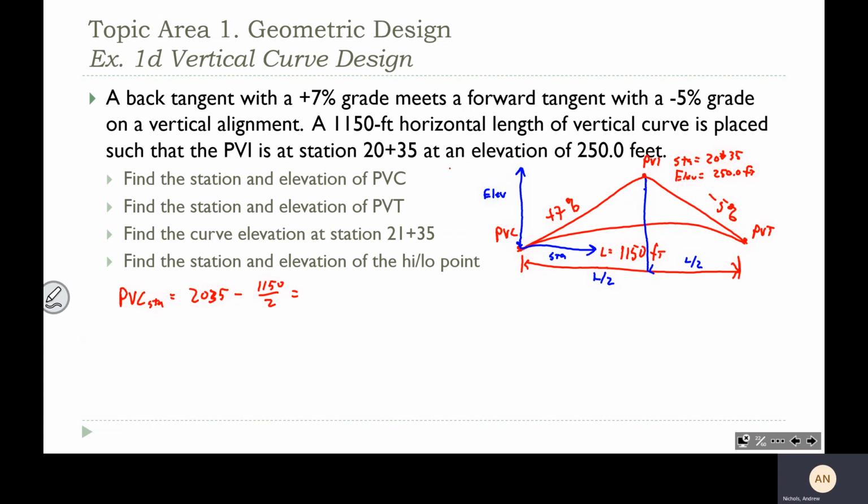Anybody calculating for me? I don't have these. So it'd be 14 plus 60. And then similarly, PVT station. Oh, it doesn't want to erase. It's going to be the same thing, only adding.